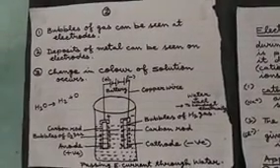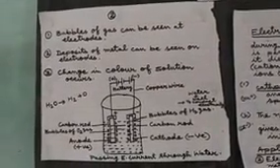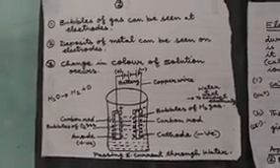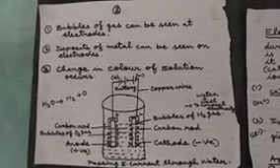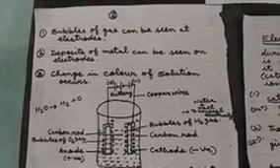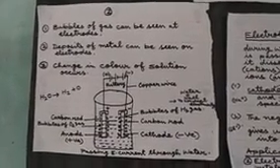Second, deposition of metals can be seen on the electrodes. And third, there can be a change in the color of the solution. So these are some of the chemical changes which we observe as a result of the chemical effect of electric current.